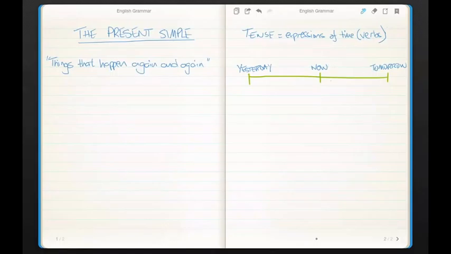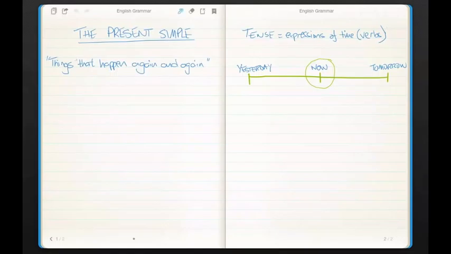If we talk about what happens tomorrow, we're talking about the future. And if we talk about what happened yesterday, we're talking about the past. And in this lesson today, we're talking about what happens now, and that's the present. So that's why it's called the present simple. So tenses are ways of talking about time and expressing time as an idea.